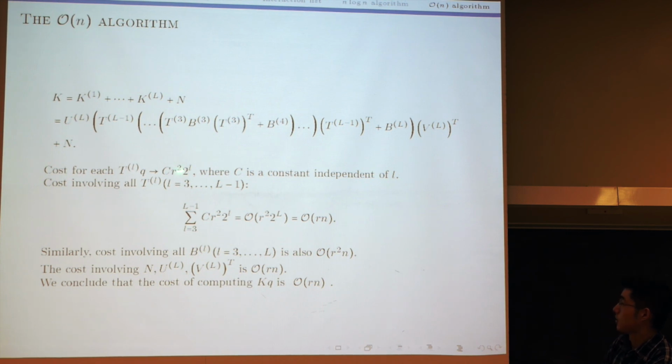So to compute all such matrix vector products, we have this sum, which gives us a linear complexity. And similarly, to compute BL times Q, the total cost is also linear.